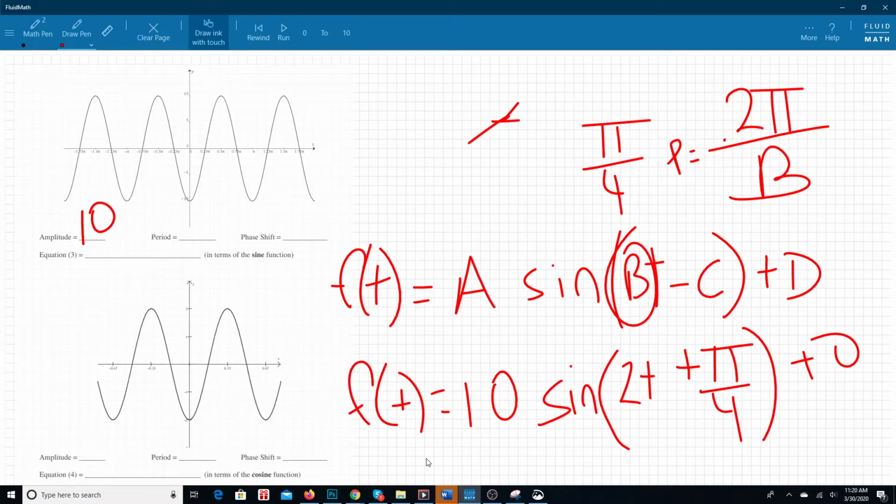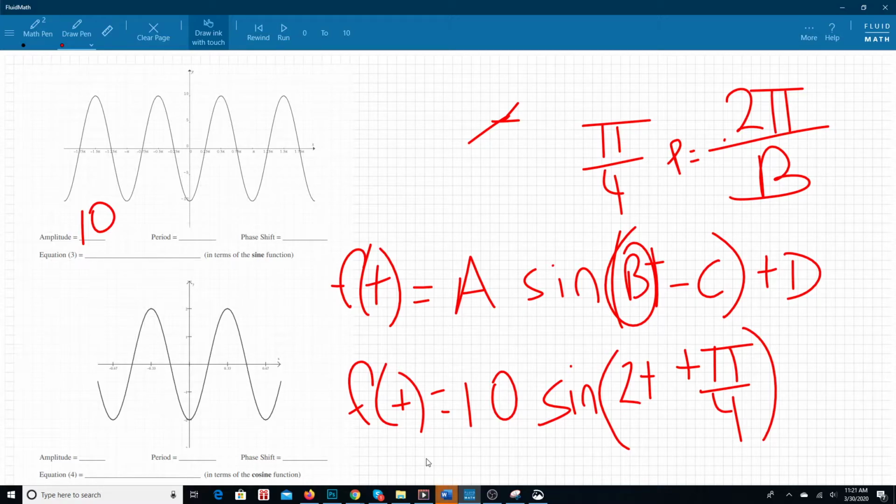If I shifted it that much to the left, I would get a normal curve, moving everything over by about pi over 4 or 0.25. So one cycle would be pi. I put plus 0 for d over here, but you don't have to put anything. You can leave it like that.